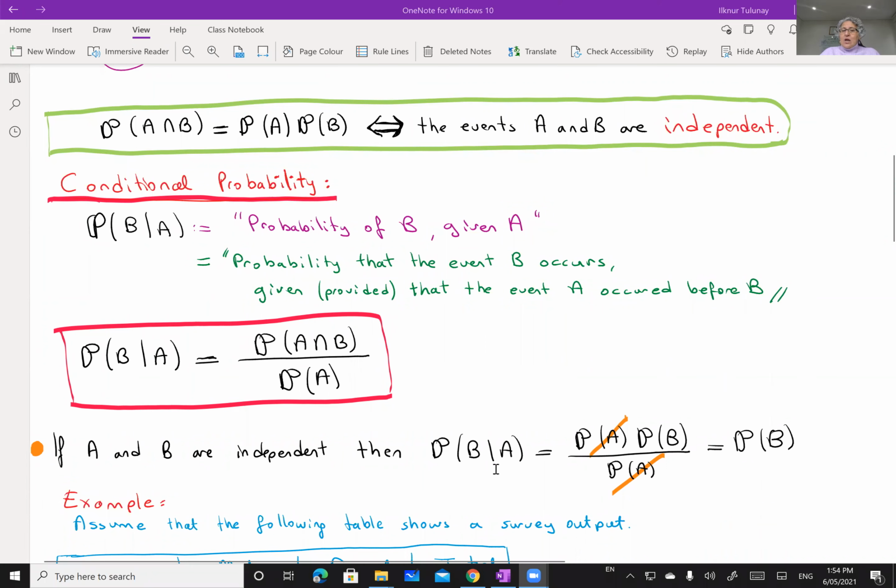It makes sense, right? Because A and B are independent events, whether A occurred before or after, since B is independent of the occurrence of A, it should affect nothing. So that's the probability of B. Because the occurrence of A does not affect the occurrence of B, as they are independent, the conditional probability of B given A is exactly the probability of B.